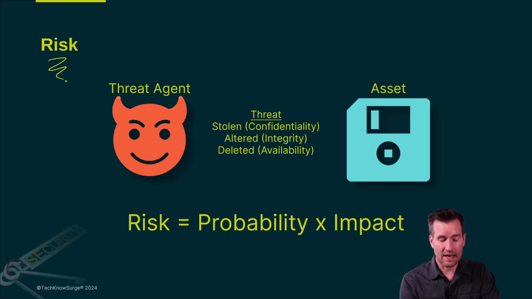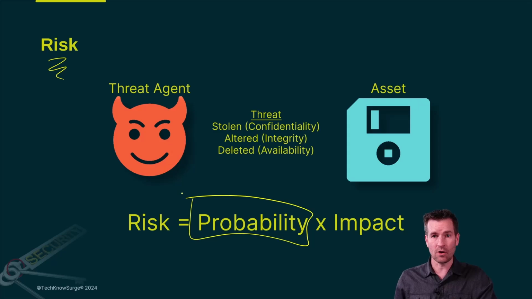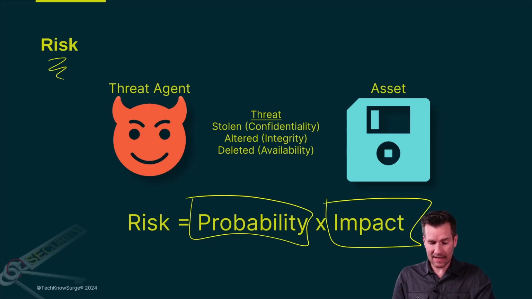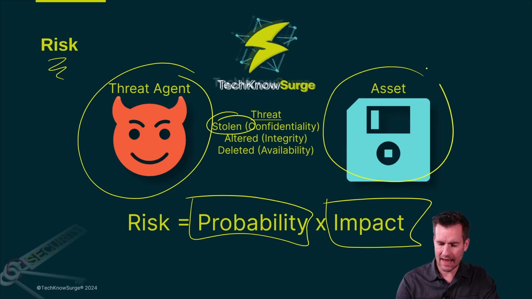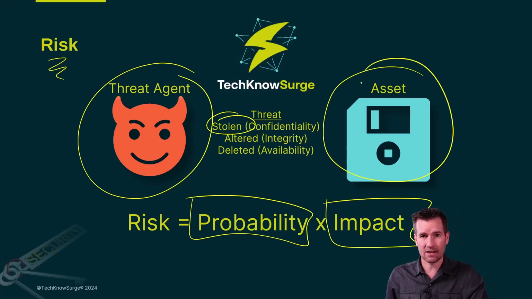Risk is actually an equation, and it's a function of the probability, what's the likelihood that something's going to happen, times the impact. What will the impact be if it does happen? For instance, let's say this threat agent were to steal this asset. What's the impact that that's going to have? And what is the probability?